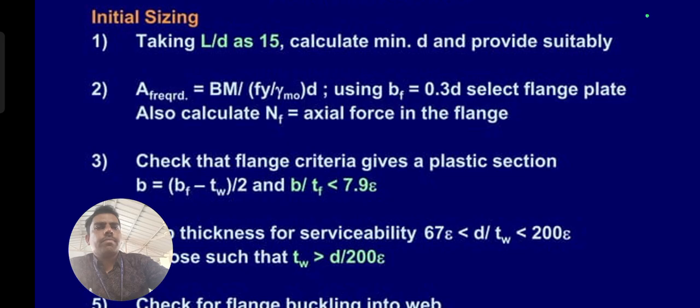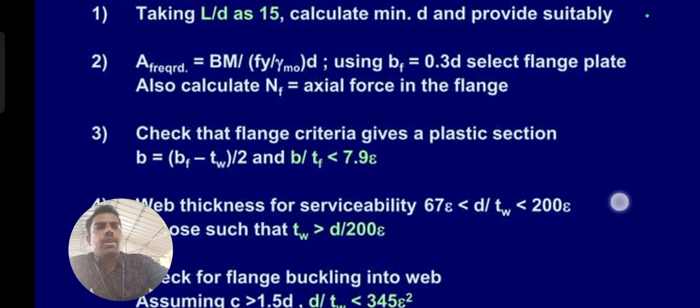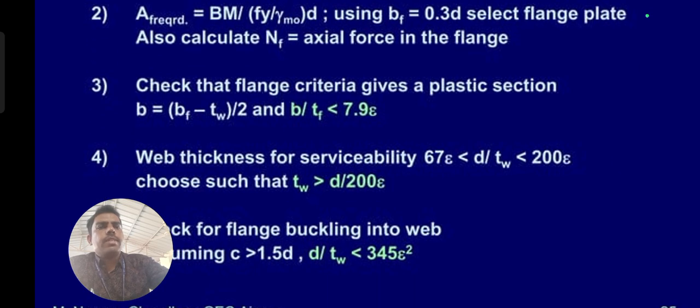Here check the flange criteria for a plastic section, that is (bf minus tw) by 2 divided by tf less than 7.9 epsilon. And for the web thickness for serviceability, 67 epsilon less than d by tw less than 200 epsilon. In this situation we use tw greater than d by 200 epsilon.